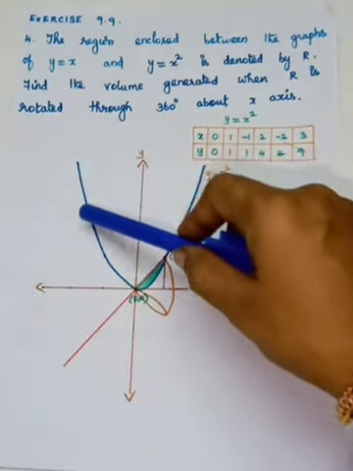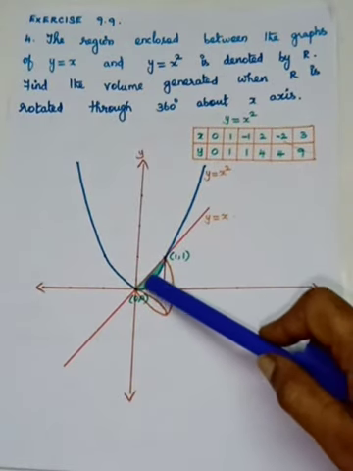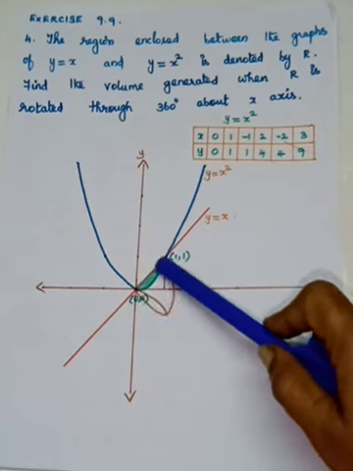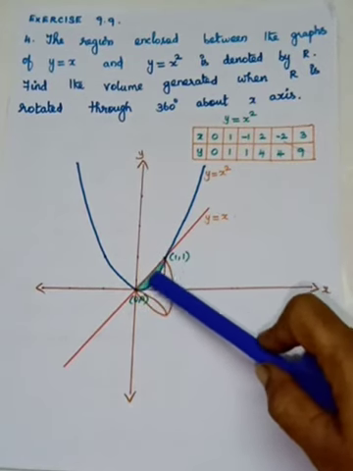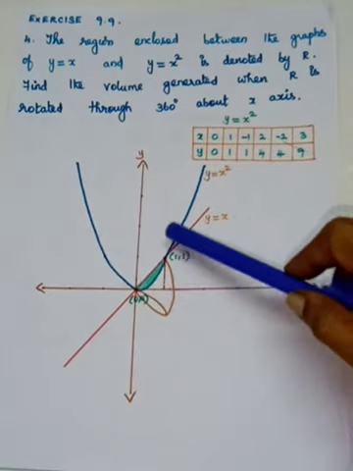See the parabola and the line. This is the area, which I have shaded with green color, the area between the line and the parabola.